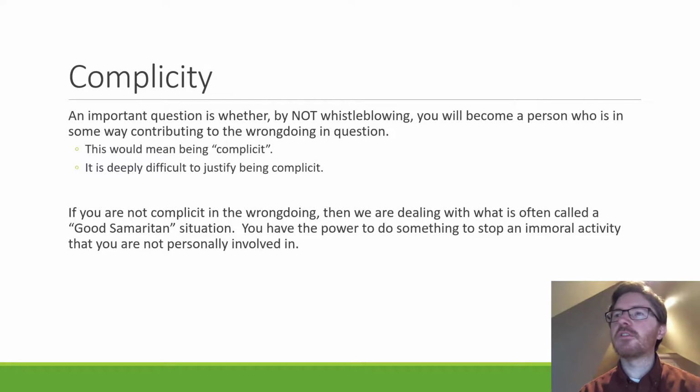And then you have the question, do I do something about it? So this is a situation where you're not complicit in the actual activity, but you have the possibility of keeping it from being done. And I still think that in most cases there's a moral obligation here, but the moral obligation is much less strong than if you were one of the kids that was de facto bullying, if you were complicit.